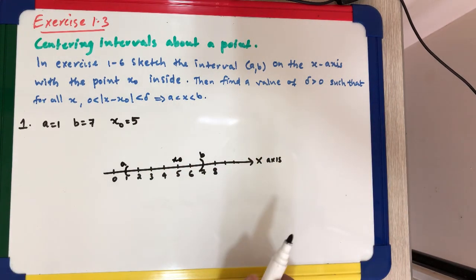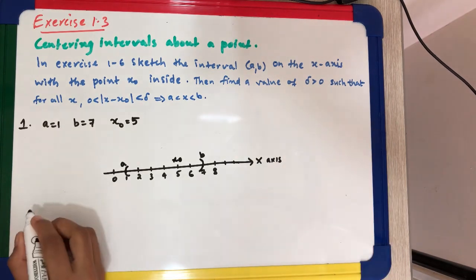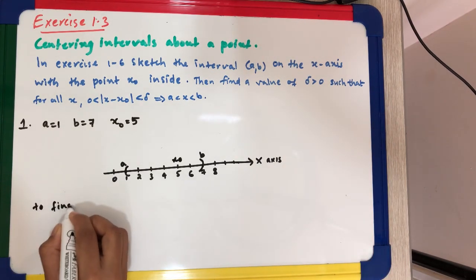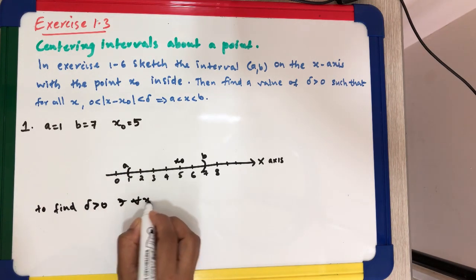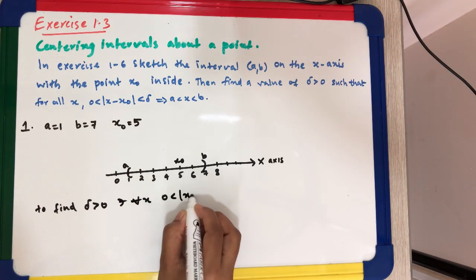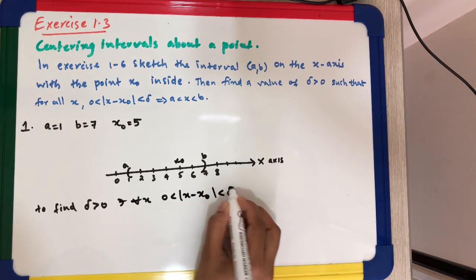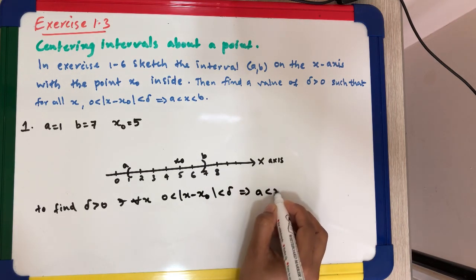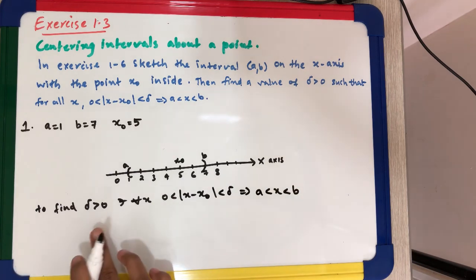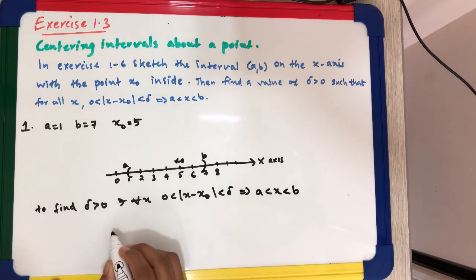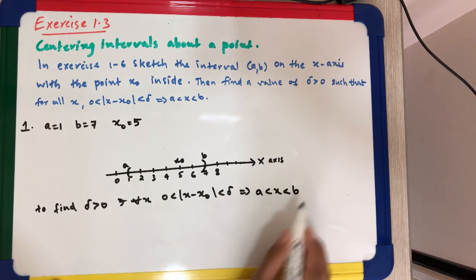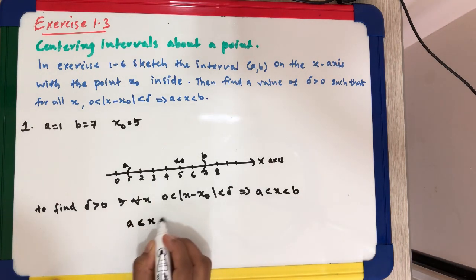Then we have to find a value of delta greater than 0 such that for all x, 0 less than mod x minus x0 less than delta implies a less than x less than b. We have to find a delta satisfying this condition. For that, take a less than x less than b.